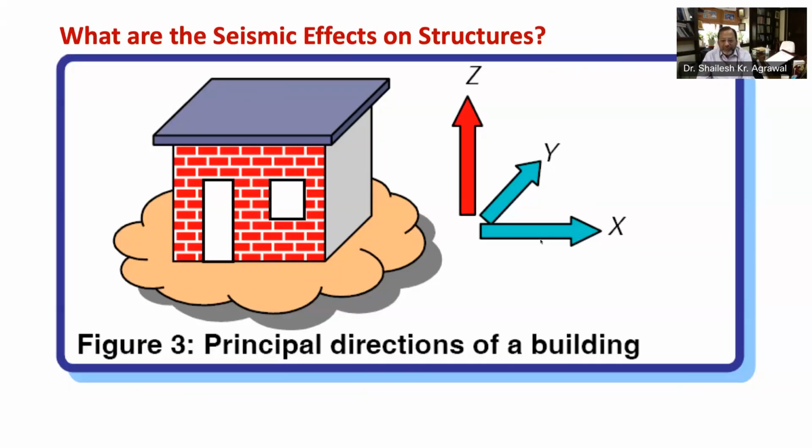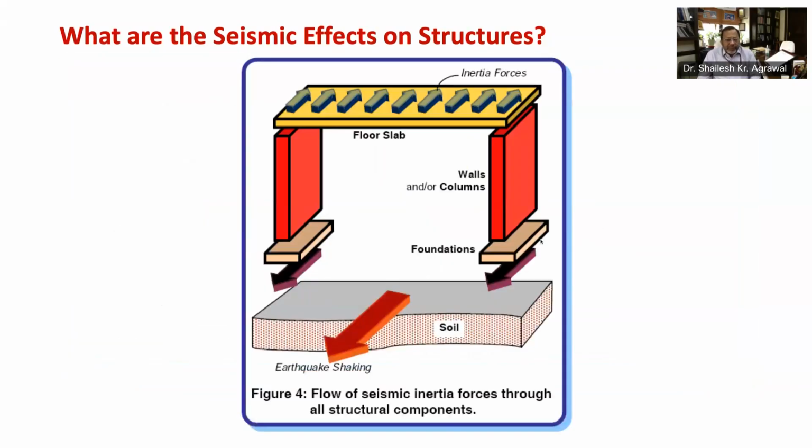Let's move to the next figure, which shows the horizontal inertia force which is generated at the level of mass of the structure, usually at the floor level. These horizontal and lateral inertia forces are transferred by the floor slabs to the beams, walls, and columns, and then to the foundation, and finally to the soil underneath.